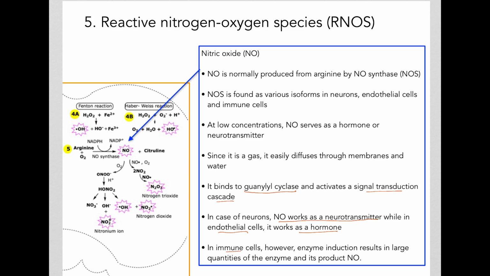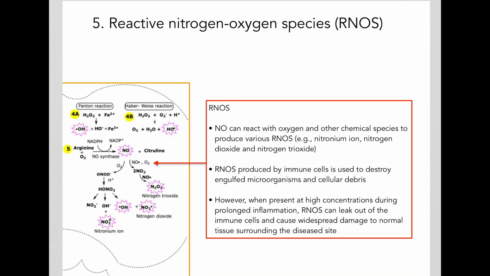However, in immune cells, NOS induction results in large amounts of nitric oxide. These large amounts of nitric oxide can react with oxygen as well as other chemical species to produce all kinds of RNOS, reactive nitrogen-oxygen species, such as the nitronium ion, nitrogen dioxide, as well as nitrogen trioxide.